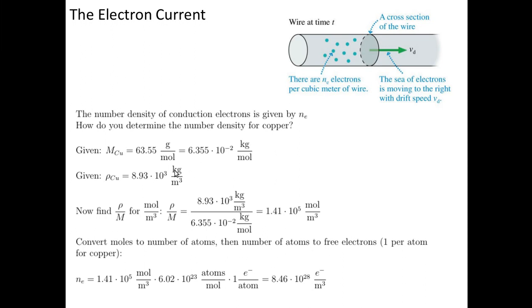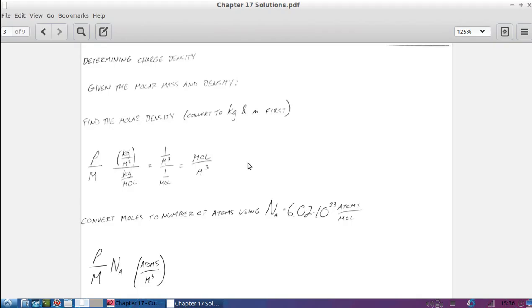And I'm going to have kilograms per mole in the denominator. The kilograms cancel out, and I'll be left with 1 over meters cubed over 1 over moles. I multiply the numerator by the reciprocal of that, and I get moles per cubic meter.